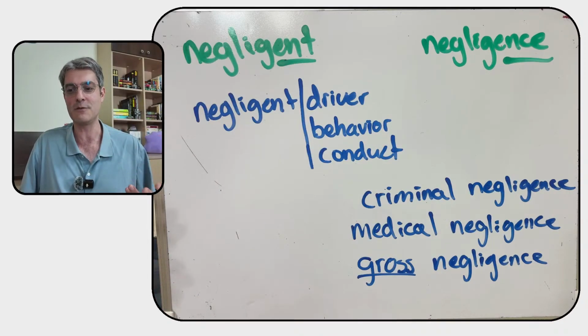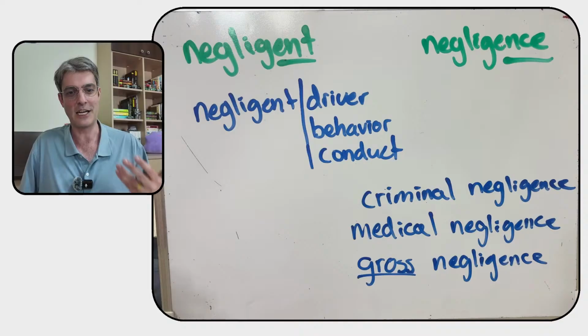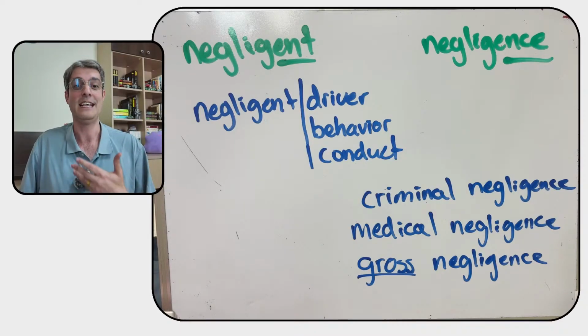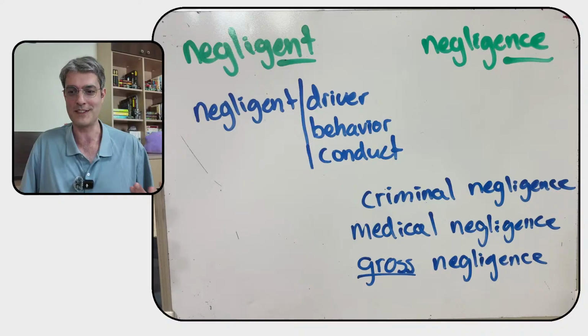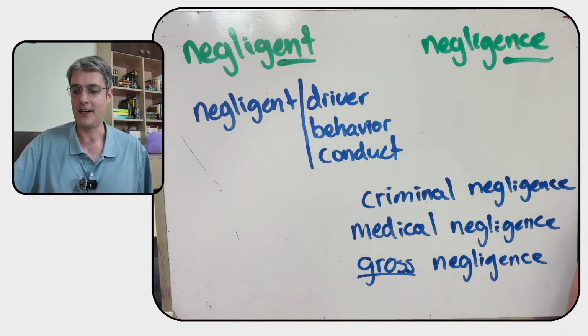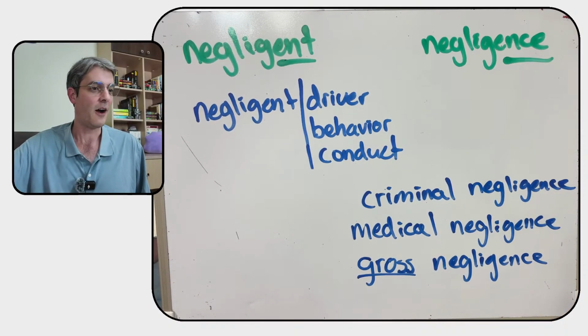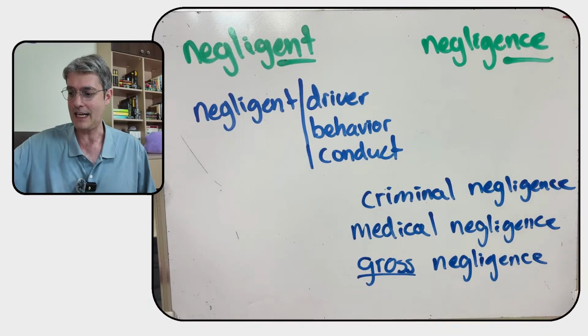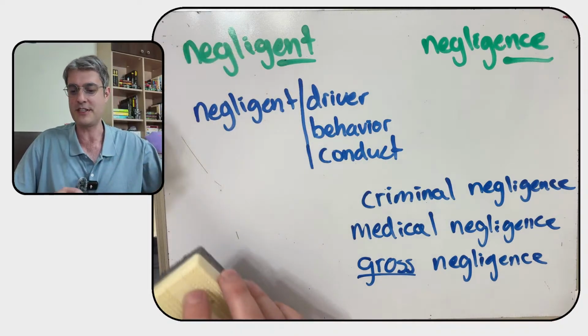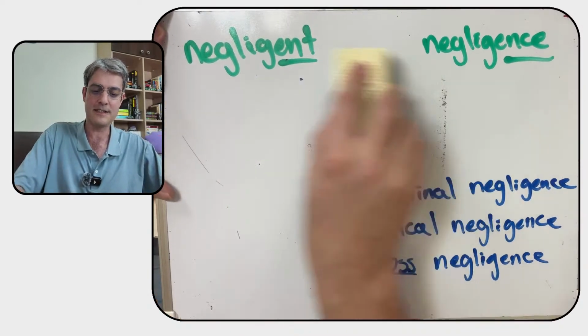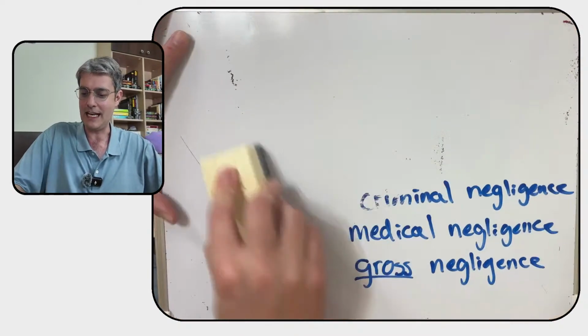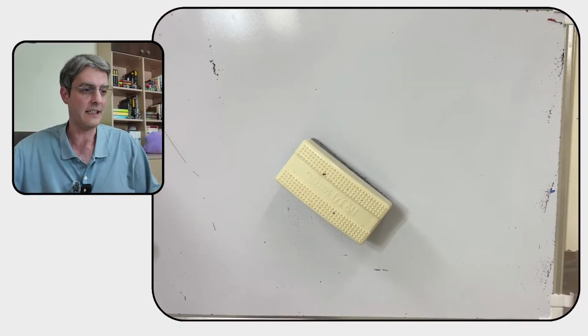An example of this would be, say, a pilot comes to fly a plane and he smells like alcohol, he's drunk, right? This is gross negligence. It's a reckless disregard for the safety or the lives of others. All right, so these are the last of our adjective noun pairs that end in ENT and ENCE.